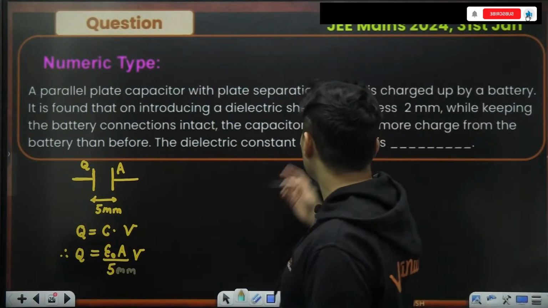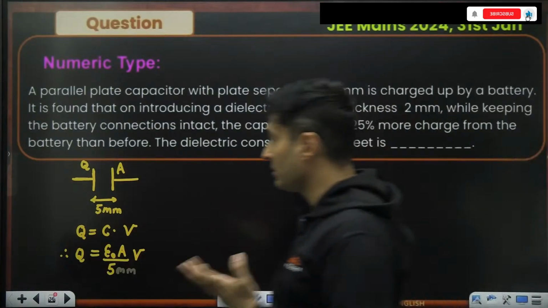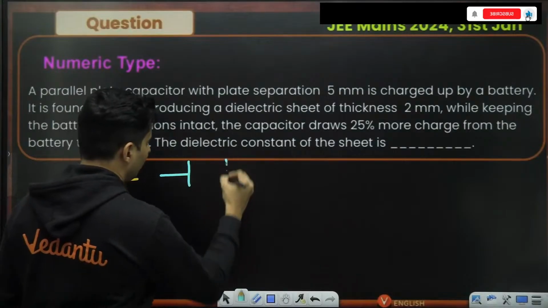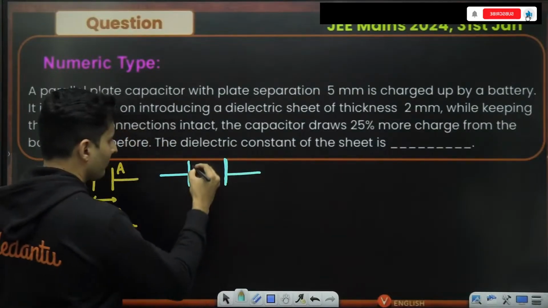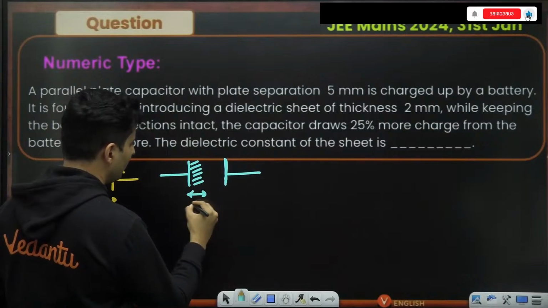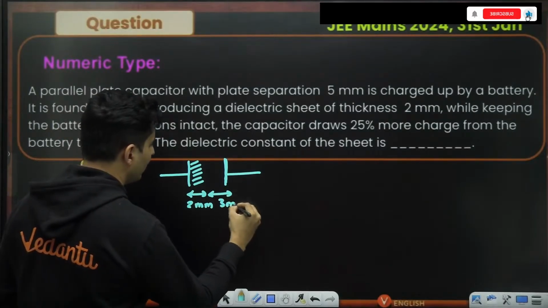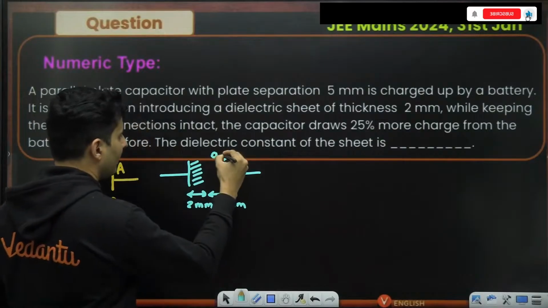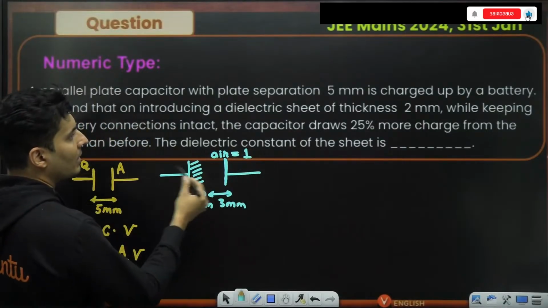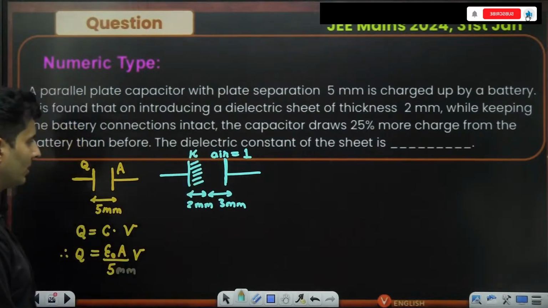Then the second scenario: you are placing a sheet of thickness 2 millimeters. Meaning in that capacitor, there is some dielectric medium only for 2 millimeters, whereas in the rest of the 3 millimeters there is air, and air has a dielectric constant of 1. This sheet has a dielectric constant that I don't know, and that is what I have to figure out.